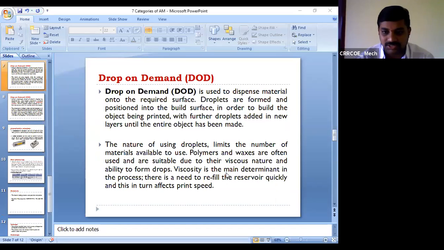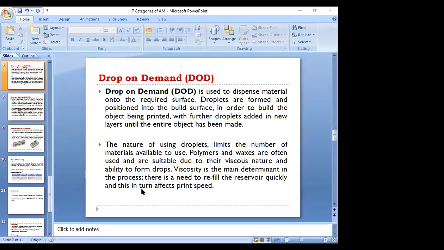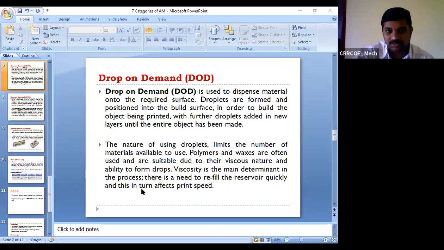So viscosity is the main determinant in the process. So far we discussed that there is a need to refill the reservoir quickly, and it affects the print.